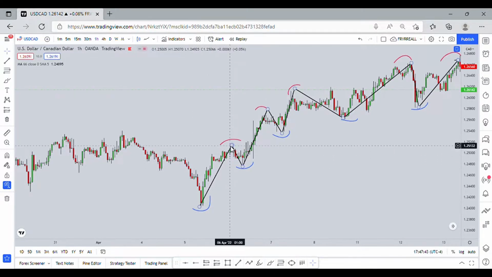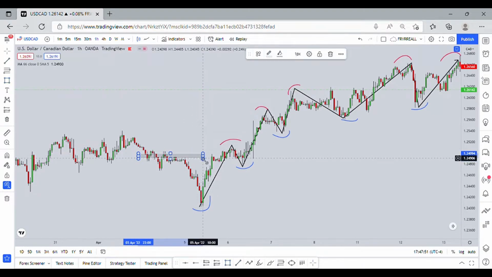And then here is a higher high. Compared to the last high, which is this, it's a new higher high. The market reached a new level compared to the last high that it did.